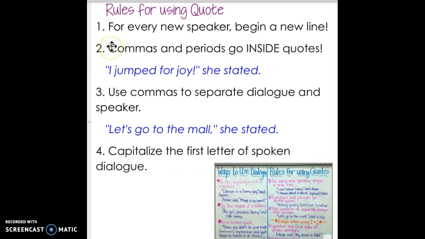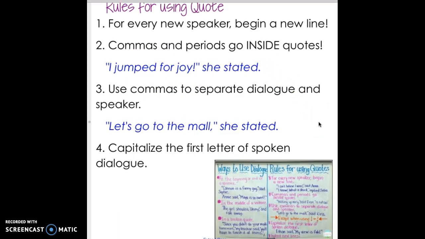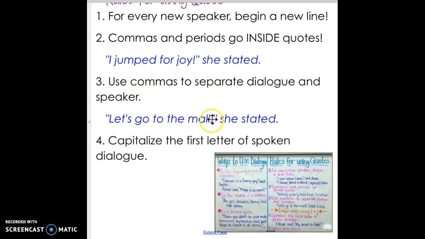So the second rule is commas and periods go inside quotes. Like right here. You're going to have the exclamation point inside the quote, but then also a period over here to show the end of a sentence. And then 3, use commas to separate dialogue and the speaker. Like right here.